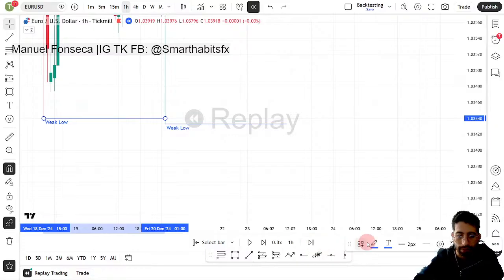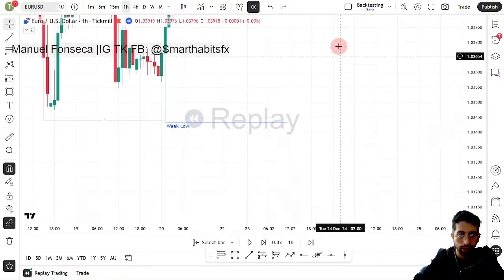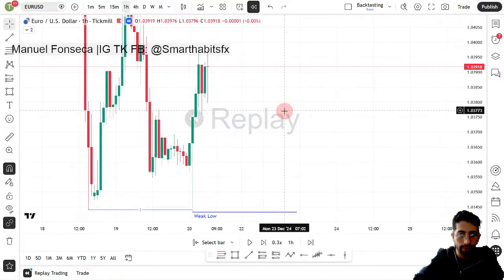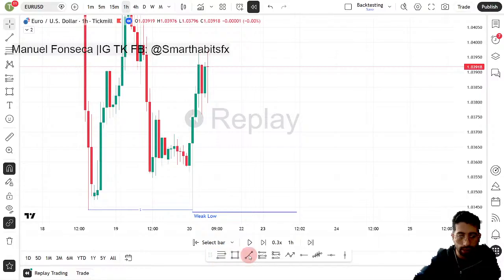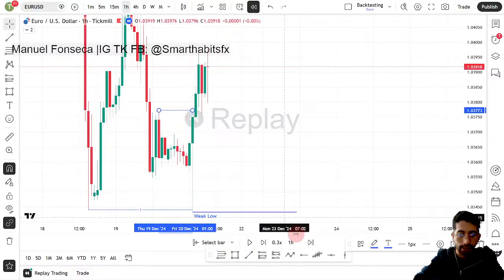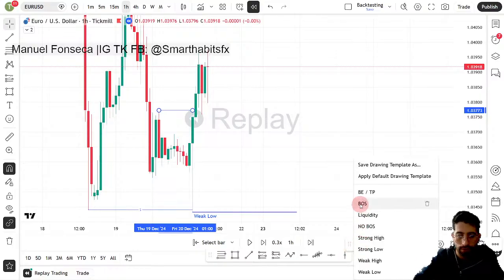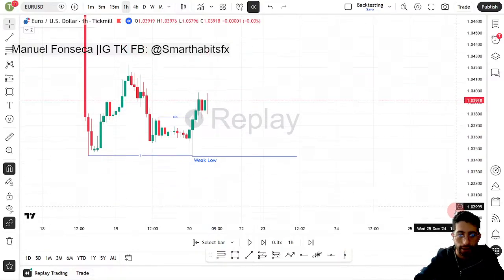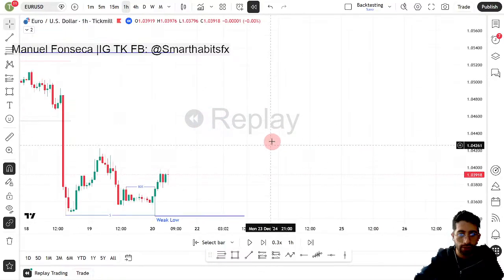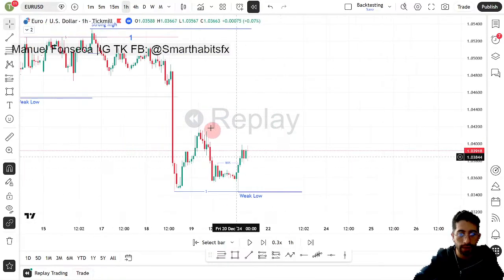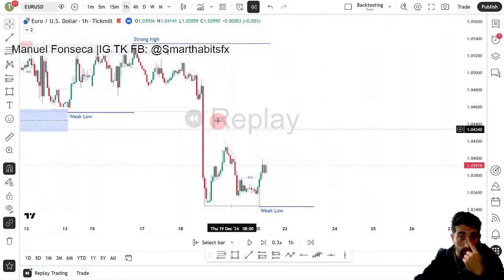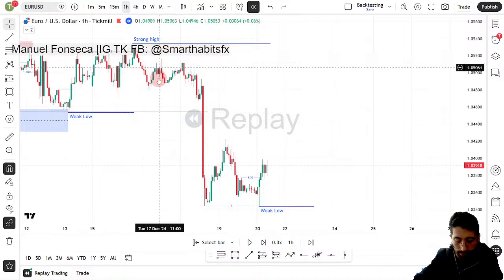So to confirm that it's really the end of the range liquidity, we would need the price to make a break of structure. Does the market make a break of structure? Yes, it does right here. And after this break of structure, we can expect the price to make a certain retracement to these areas.